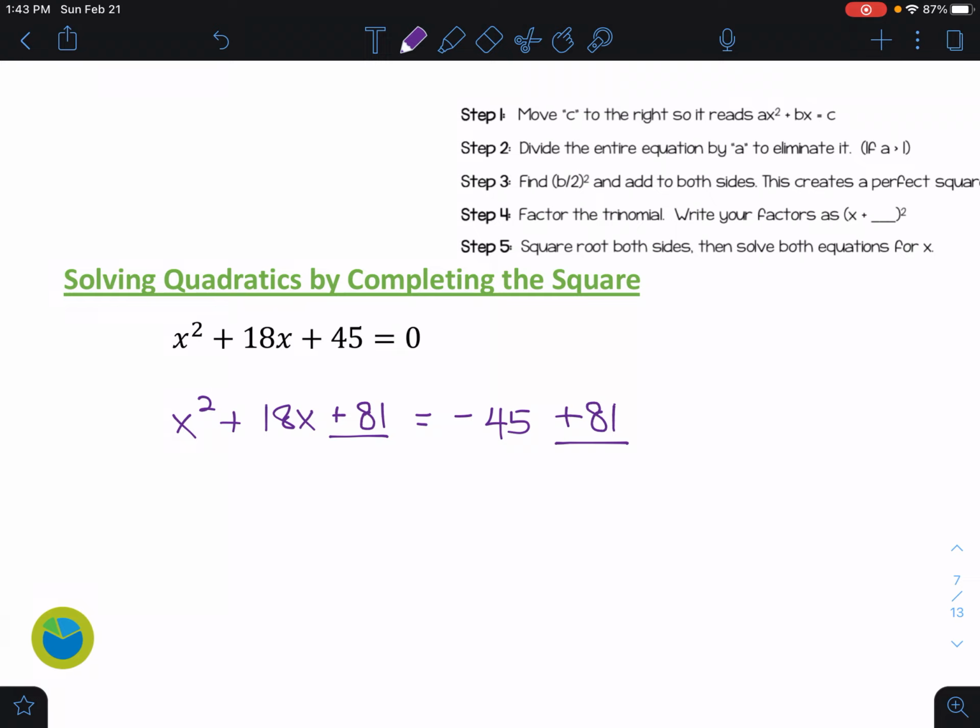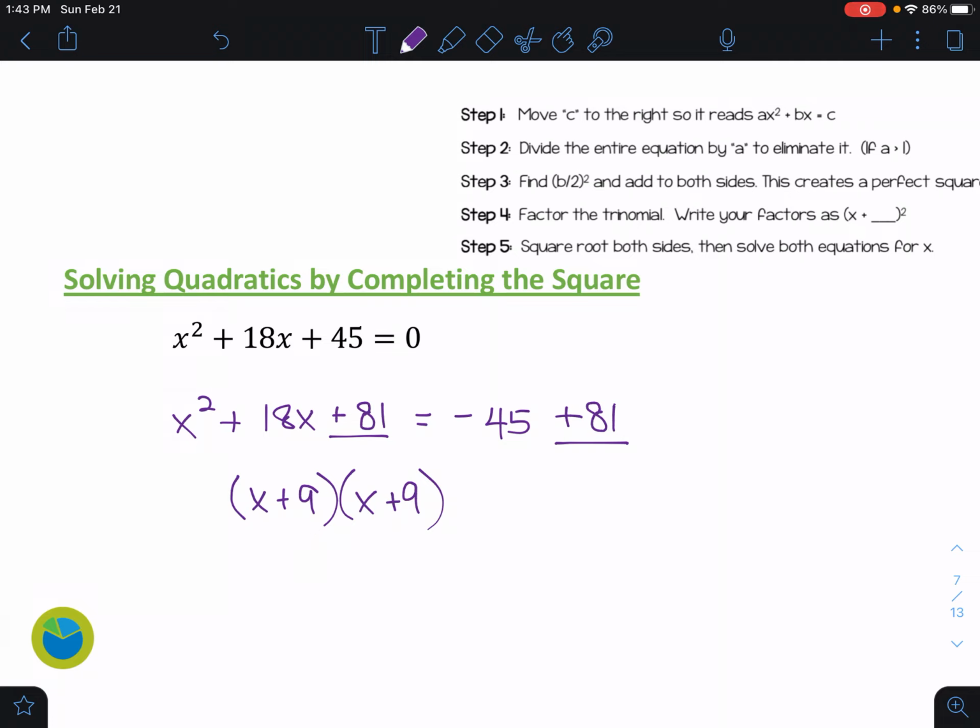Okay, so now this right here on the left, you can factor this. If you do, it will always be x plus 9, or these two numbers, I should say, will always be the same. Okay, so notice, what are two numbers that multiply to be 81 but add up to be 18? 9 and 9.